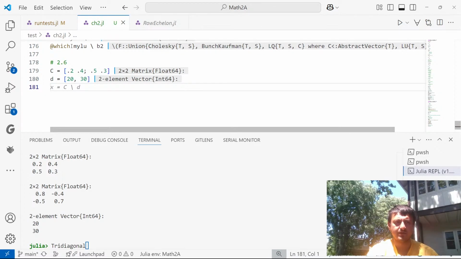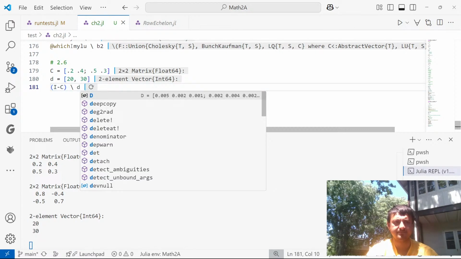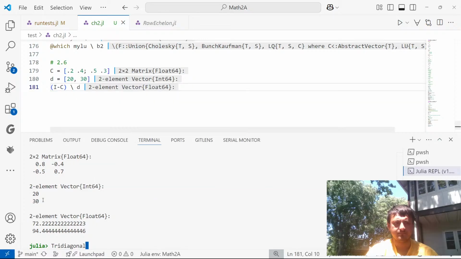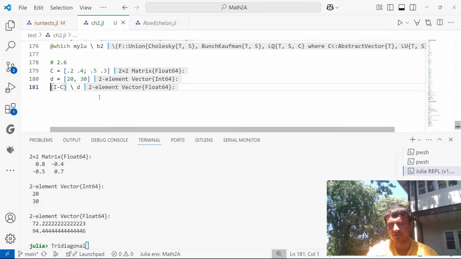So now we want I minus C backslash D. Okay, so we need to make 72 units of goods and 94 units of services.